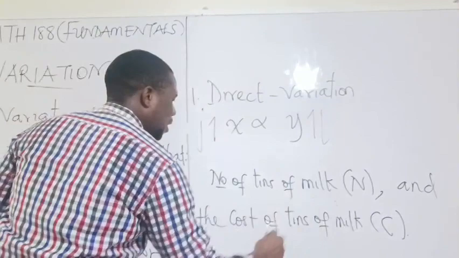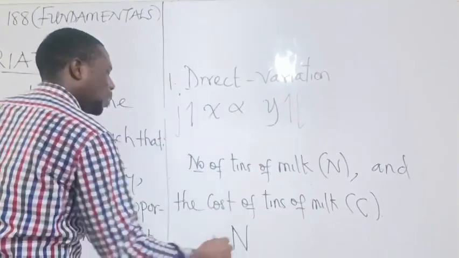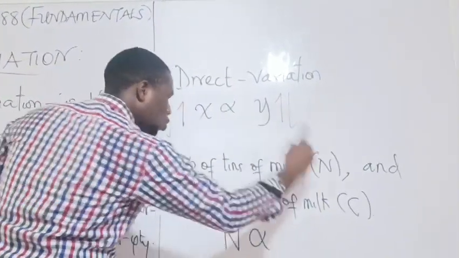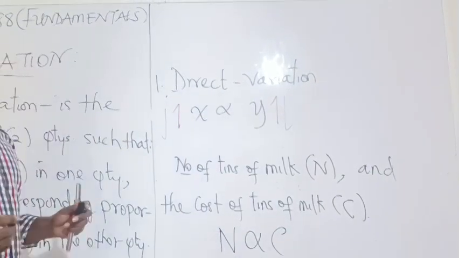So I could write this as the number of tins of milk is directly proportional to the cost of the tins of milk.